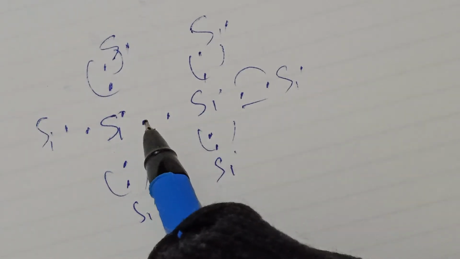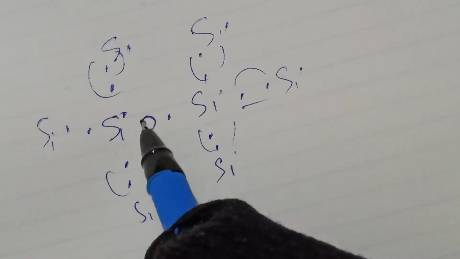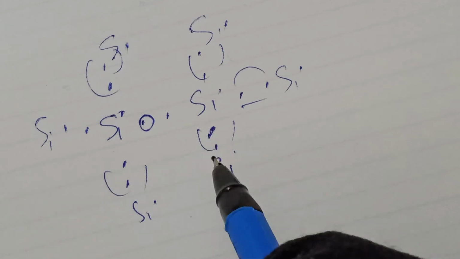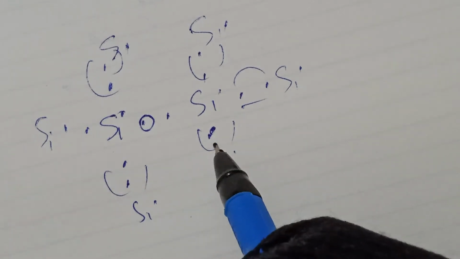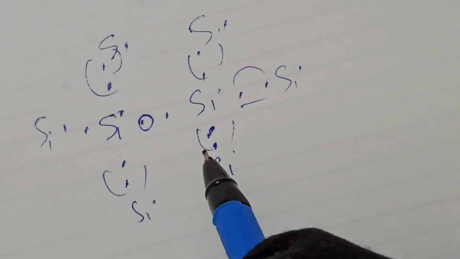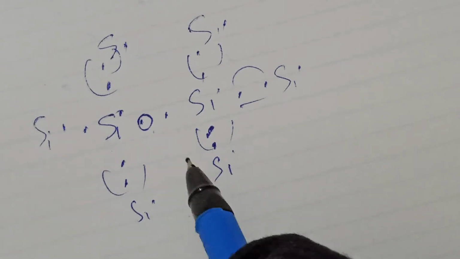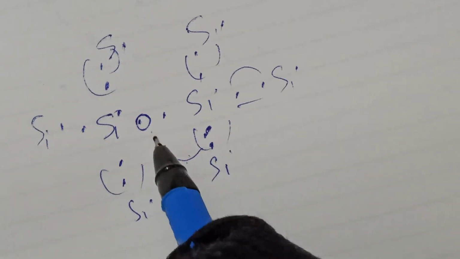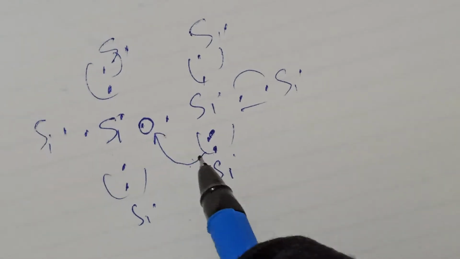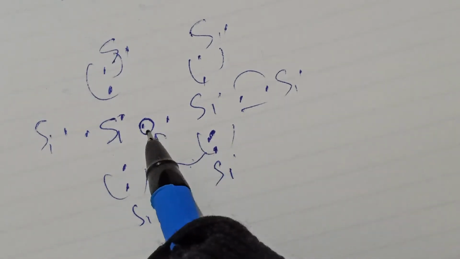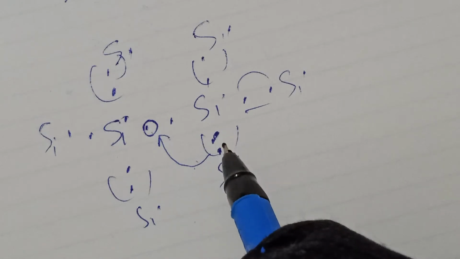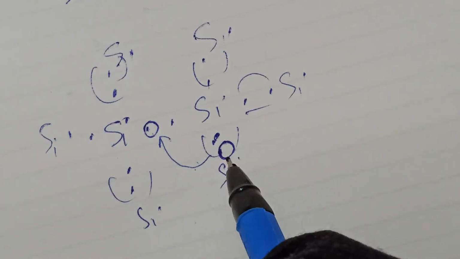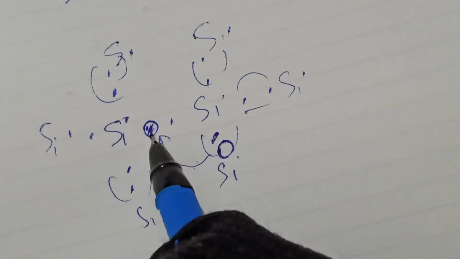Suppose there is some vacancy at this position, and due to some reason, if this electron gets a more stabilized position at this position, it will leave its position and shift towards this position. So in this situation, a vacancy will be created at this position and this will be filled.